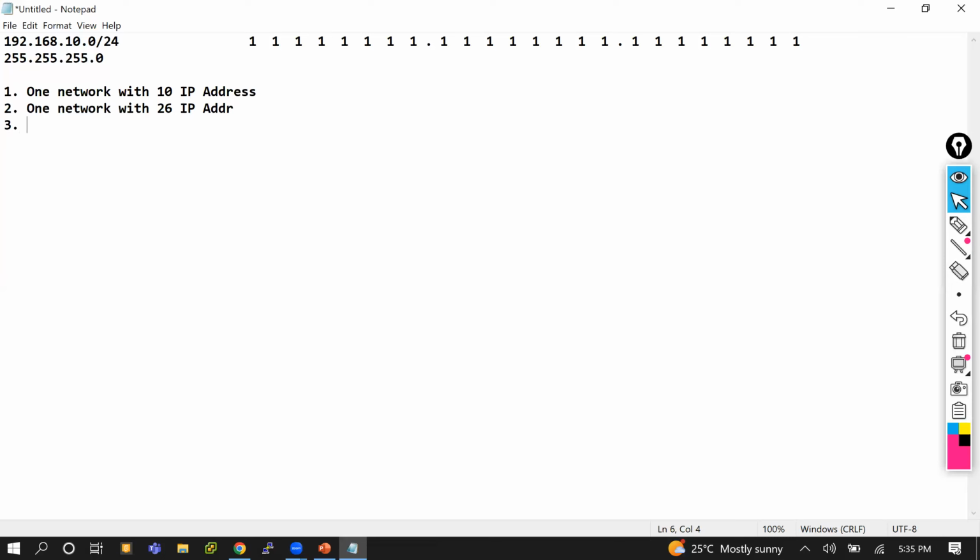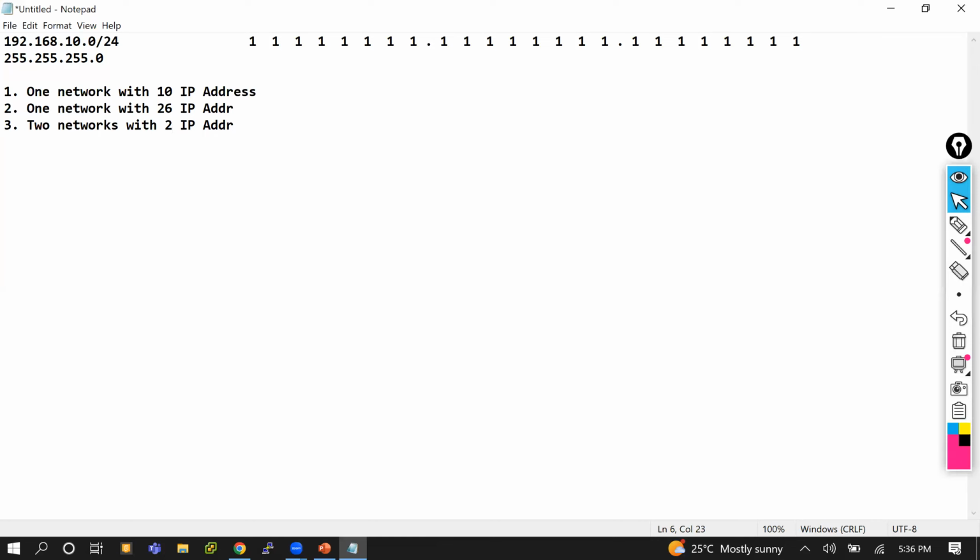Next, two networks with 4 IP addresses. And two networks with 2 IP addresses. So this is how the requirement has been given.